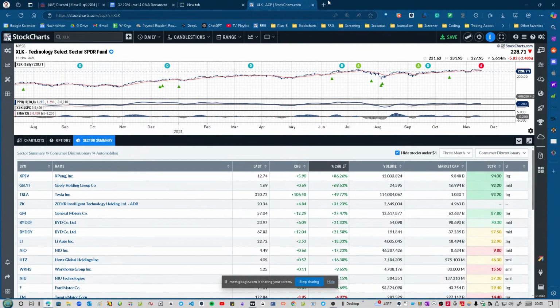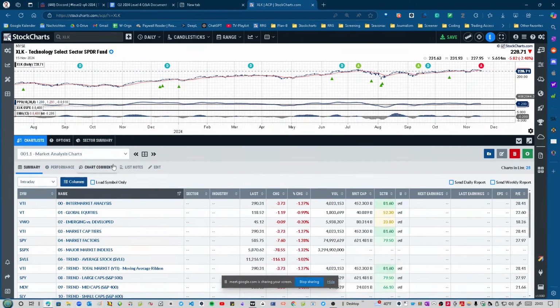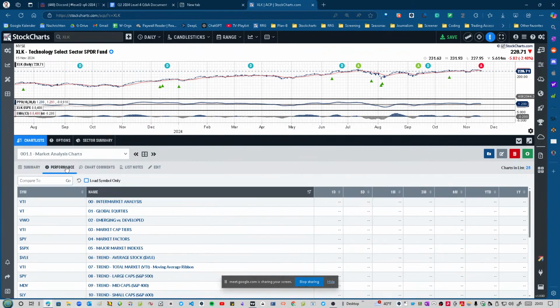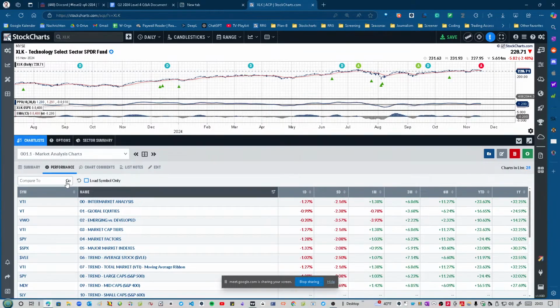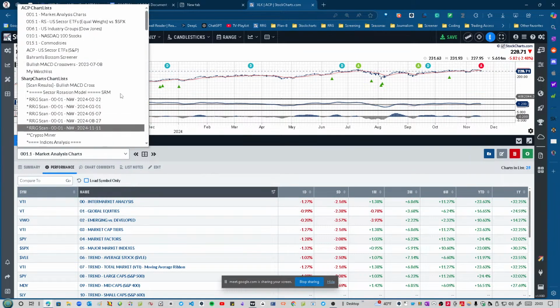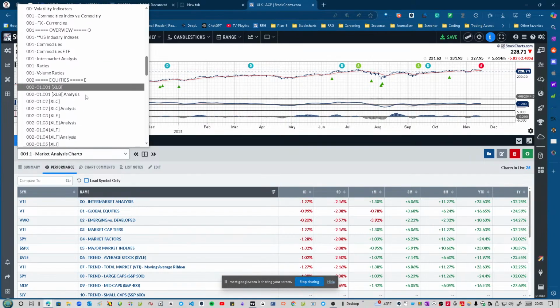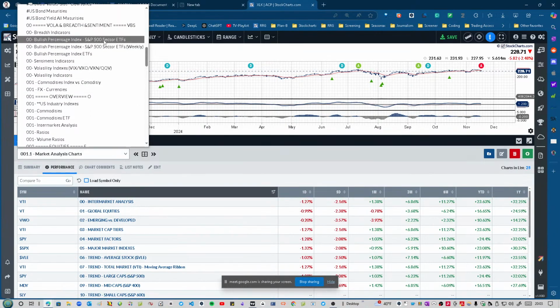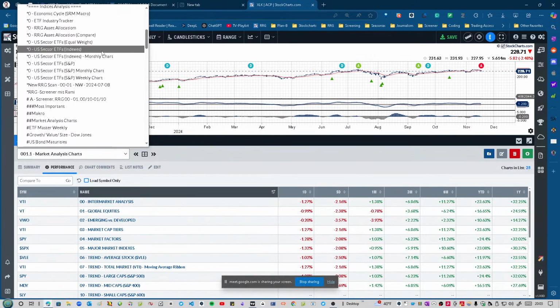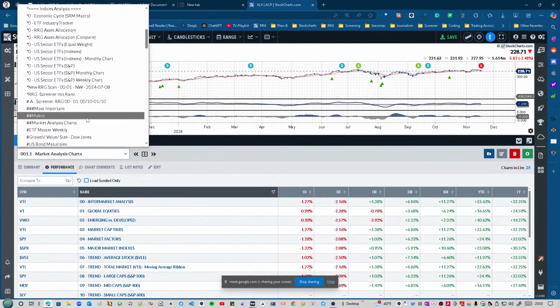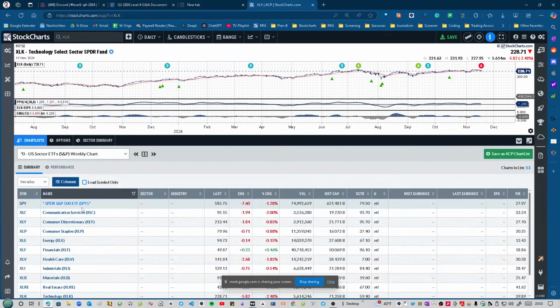This would be a way to analyze the sectors. You can also build your own chart lists.